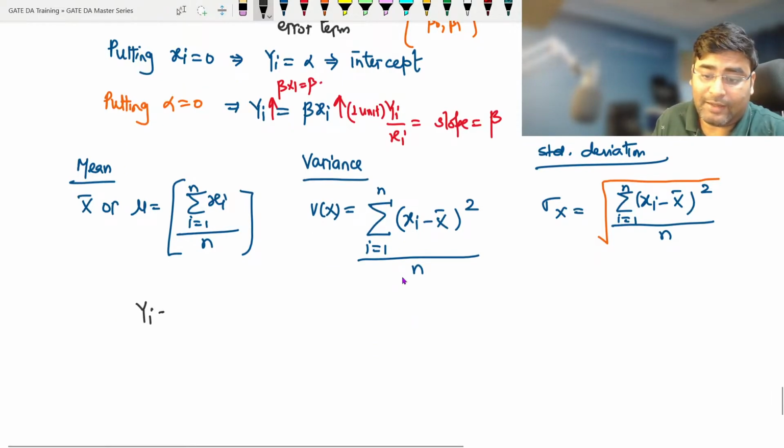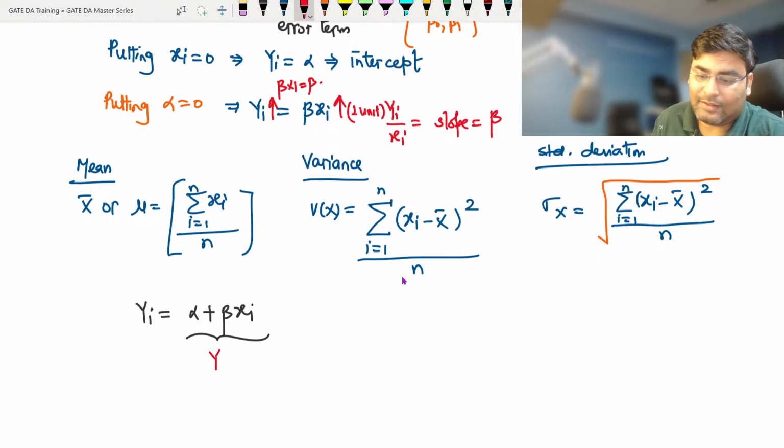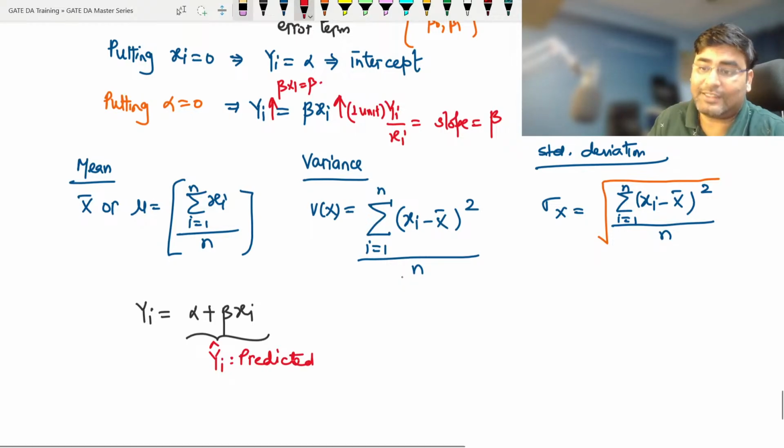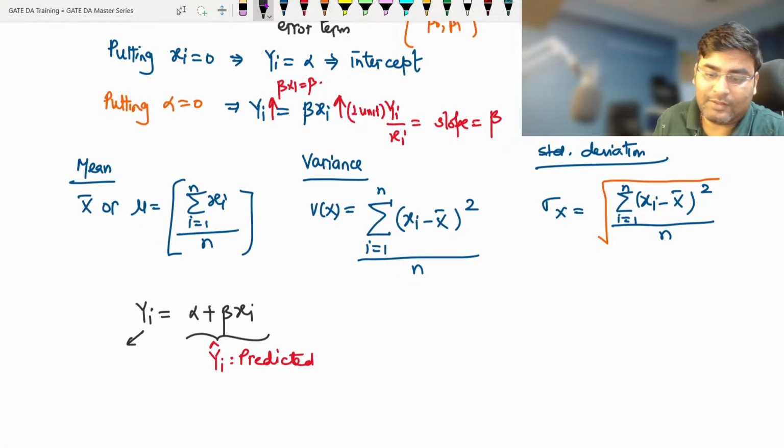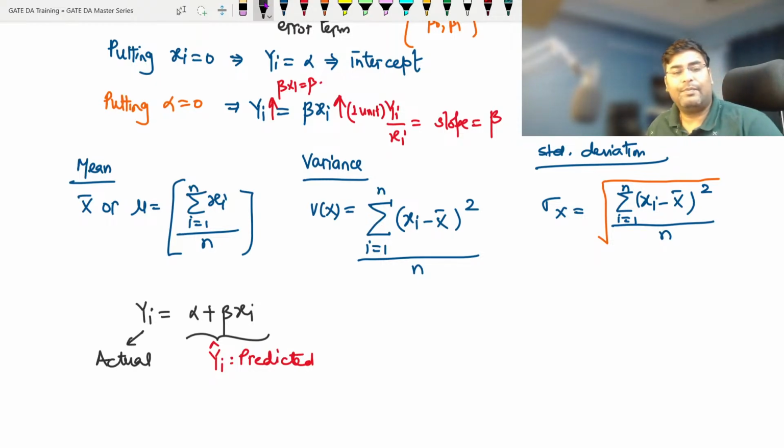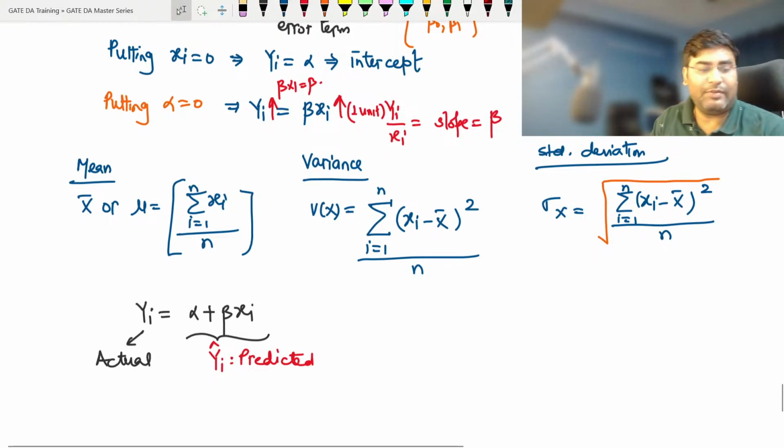So you know that yi is alpha plus beta xi. This thing is, guys, known as yi hat. Right? This is your predicted. And the y on the left-hand side, my dear, what is that? That is your actual. Correct? So if you take the error, what will be the error?